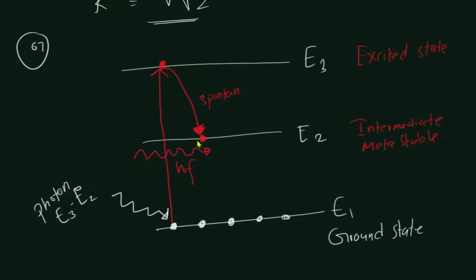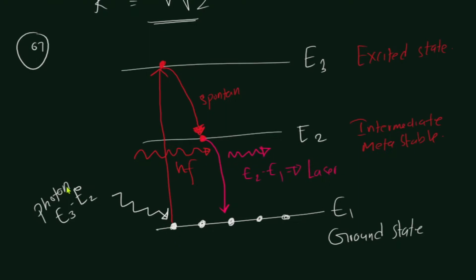What happens is, this electron gets induced, or triggered, and then it jumps back to the ground state by releasing the energy E2 minus E1. This is the radiation. This is the laser radiation.